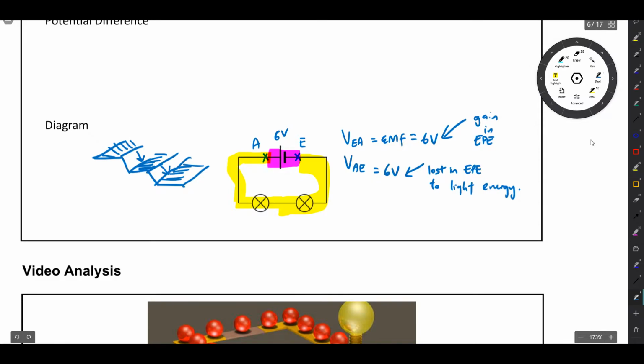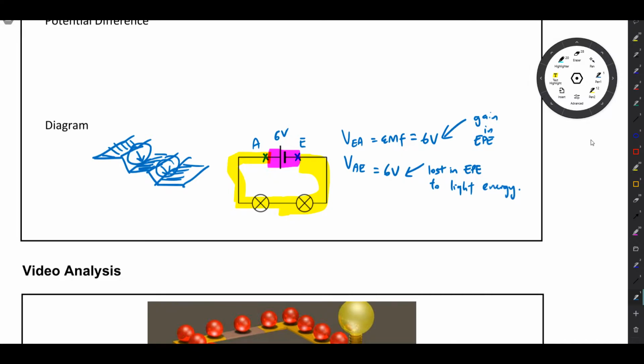So kind of like our potential along the wire, it will be the same. However, as it goes through a light bulb, it's like this part, it actually goes down. So the potential energy will drop, then stay the same as it goes through the wire, then go down again as it goes through another light bulb, and then stay the same throughout.